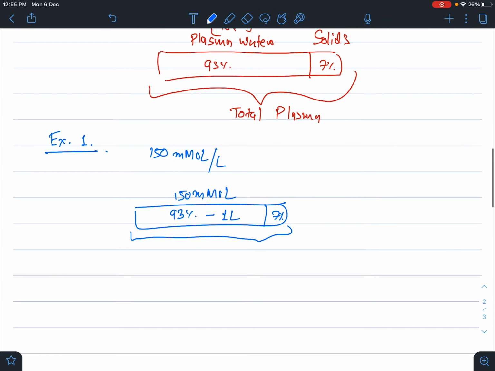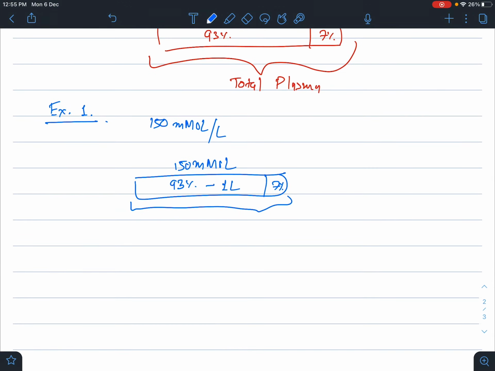So the actual sodium is 150 millimole in 1 liter of plasma water, but we are measuring in how much plasma? If 93% is 1 liter, then 100% will be 100 upon 93.